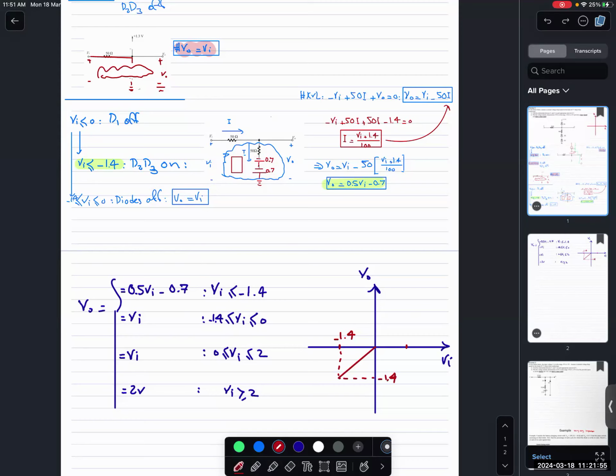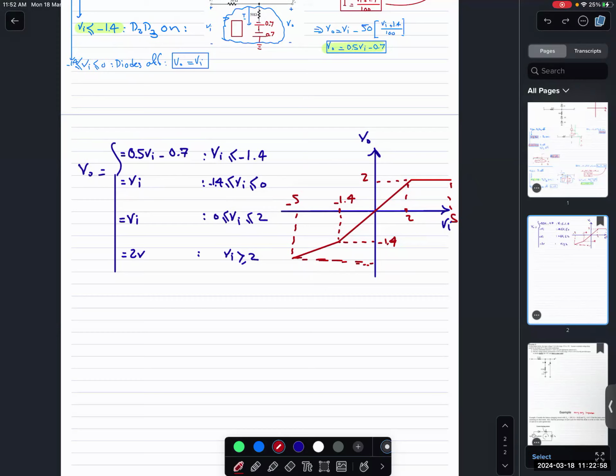So it should move this way. And even if you put numbers, say minus 5, then you will get some values. Something like this you can sketch it. Now it becomes minus 3.2. That's it. That's the transfer characteristic.